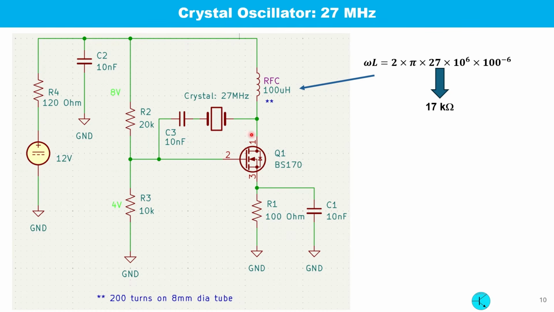Now to make an oscillator, we place the 27 MHz crystal between the gate and the drain. This crystal will serve as the feedback path for the oscillation. It will also serve as a frequency selective component. A capacitor is used in series here to prevent DC biasing across this crystal.